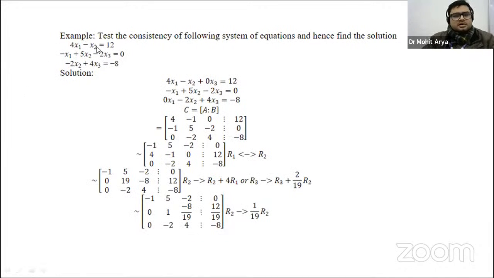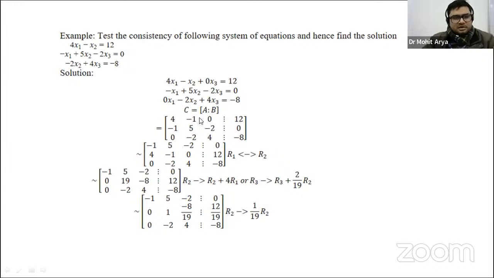Next we say, test the consistency of the following system of equations and hence find the solution. This is a system of equations given in three variables x1, x2, x3. What we do is find the augmented matrix.